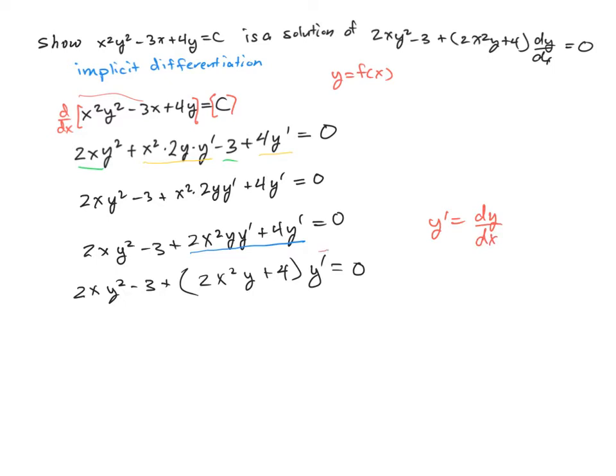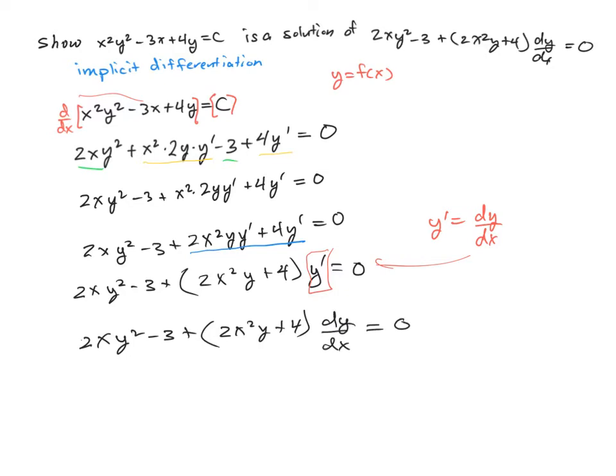So we can just swap out that y prime with dy dx. And so we end up with 2xy squared minus 3 plus parentheses 2x squared y plus 4 times dy dx. And that's equal to 0.